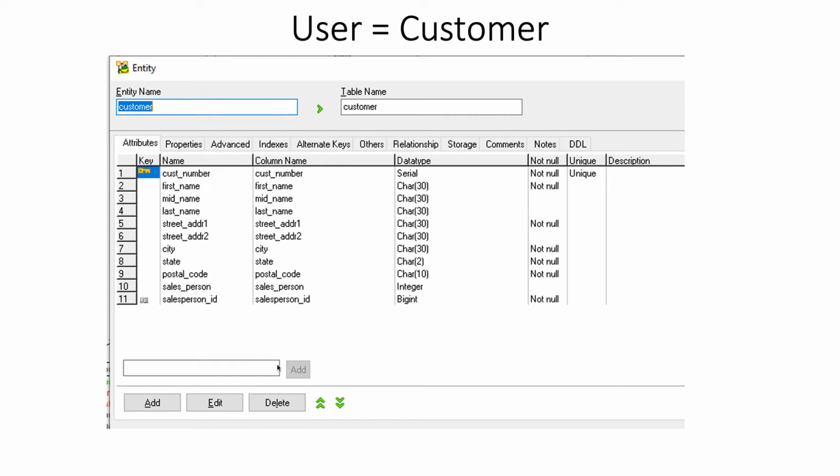And so it's an integer to get to the salesperson ID. And it turns out that when I was using Toad, I could have deleted this one, because this is the link that's going to take us back to the salesperson table.